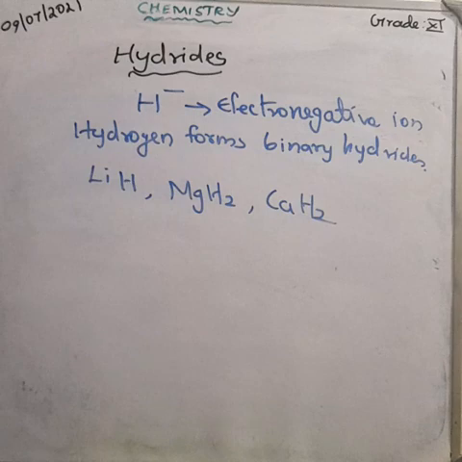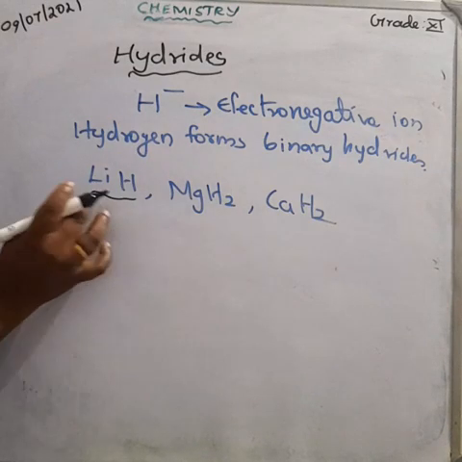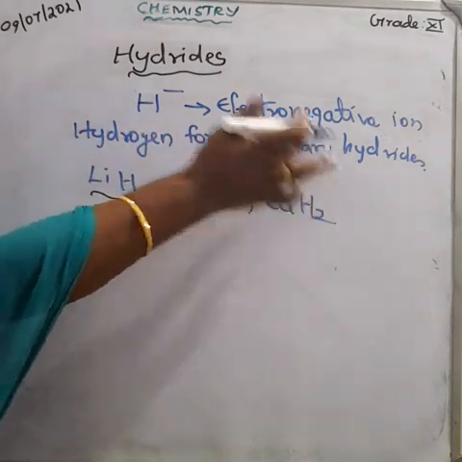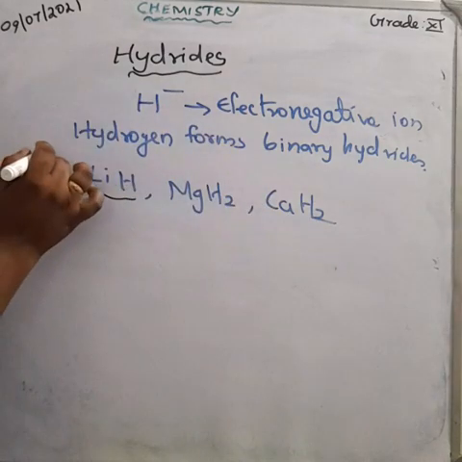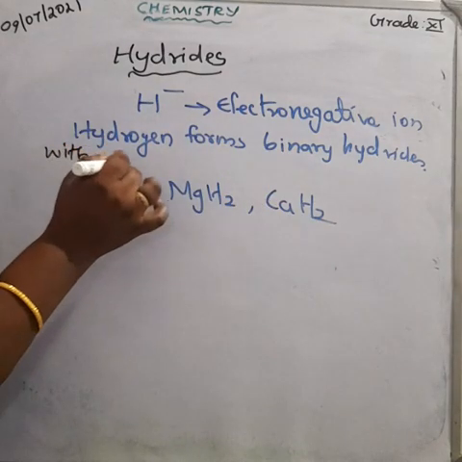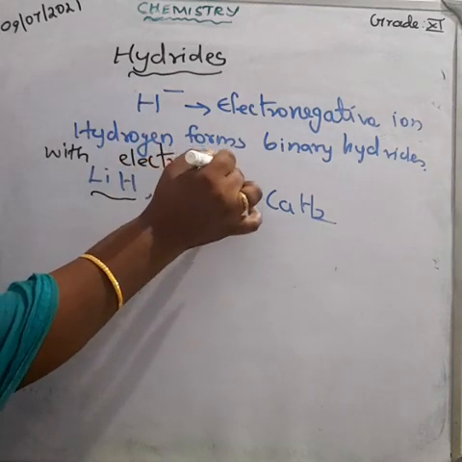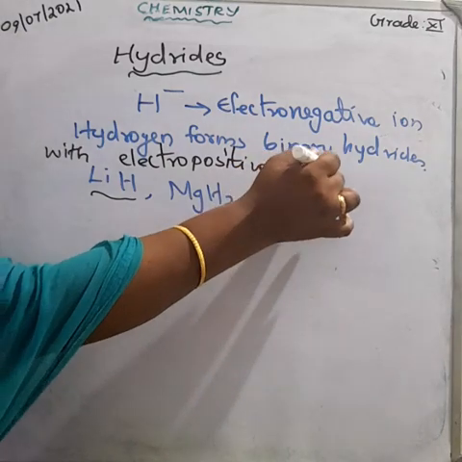So these are hydrides. Binary hydrides are formed with many electropositive elements, including metals and non-metals. For example, LiH is one of the hydrides.